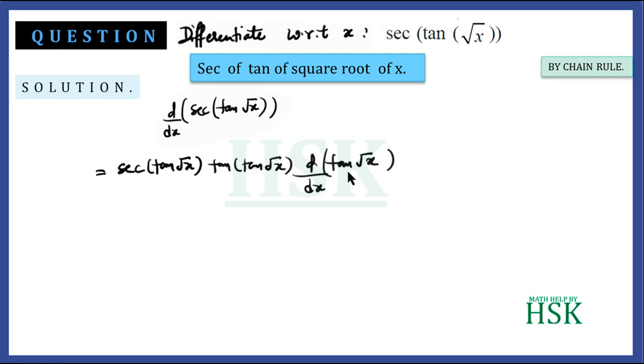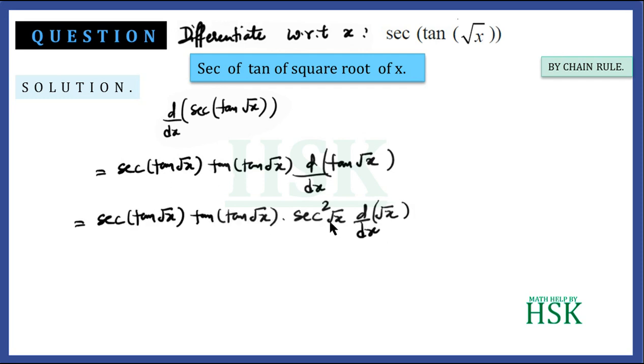Now further differentiation of tan x is equal to sec square x, so differentiation of tan of root x would be equal to sec square root x into d by dx of root x, because instead of x we have root x.